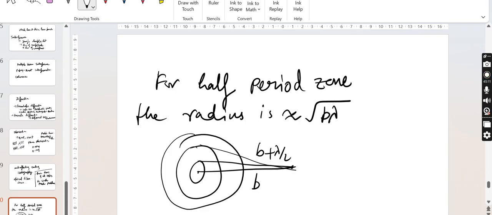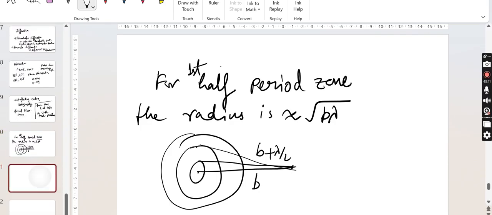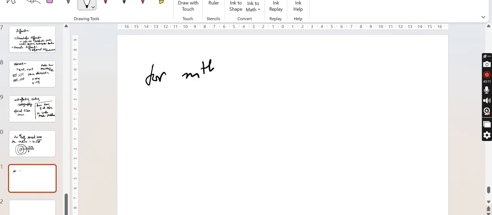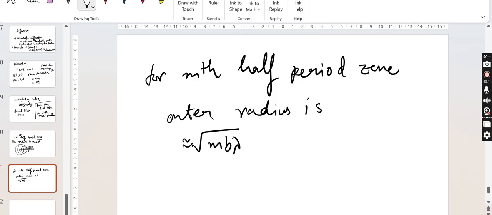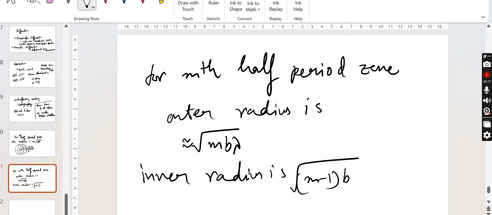And the radius of the mth half period zone: the outer radius is almost root of m b lambda, and the inner radius is root of (m minus 1) b lambda, which is the outer radius of the (m minus 1)th zone.